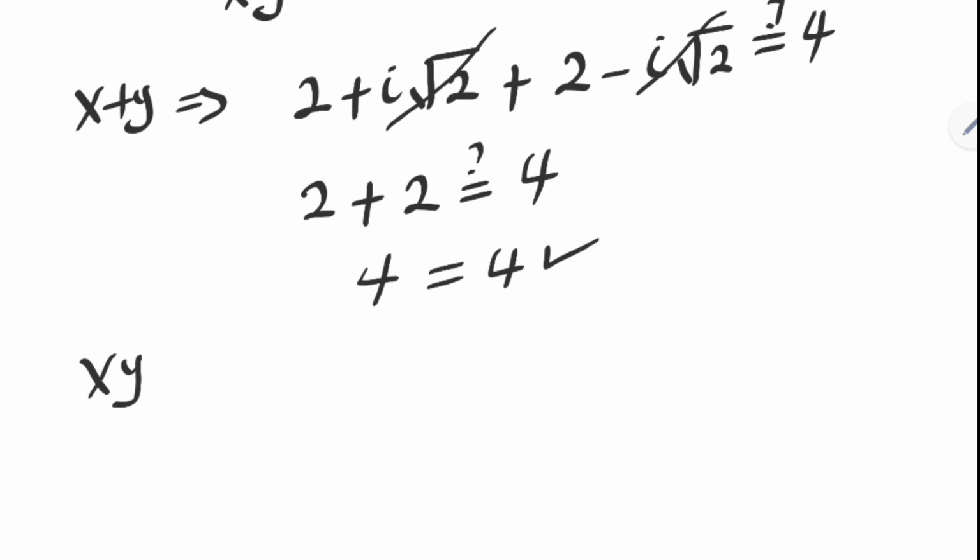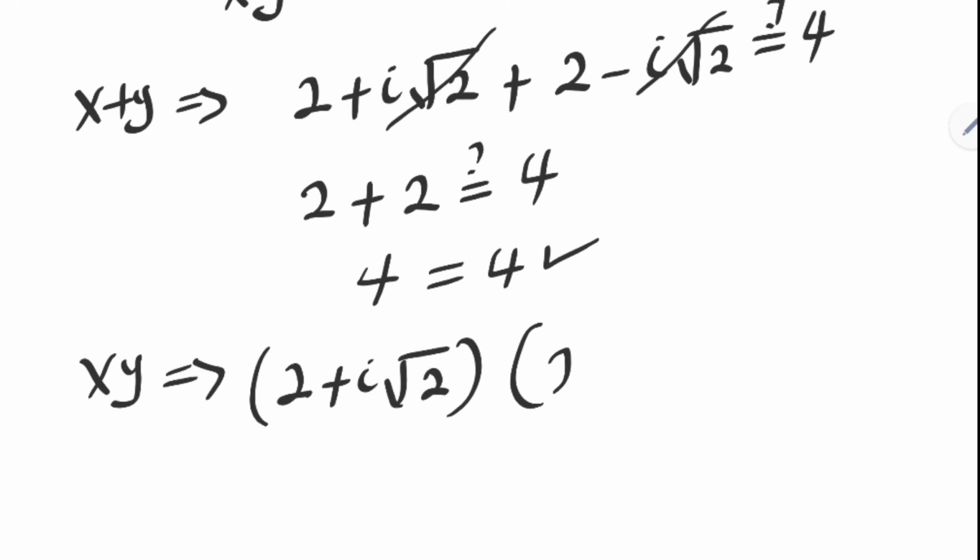Then xy now is 2 plus i root 2 multiplied by 2 minus i root 2 must be equal to 6.